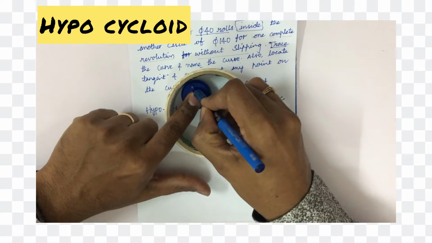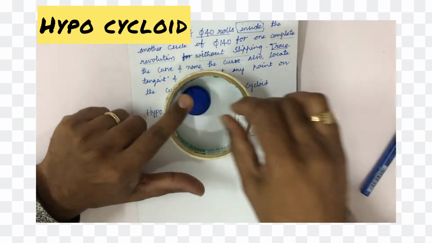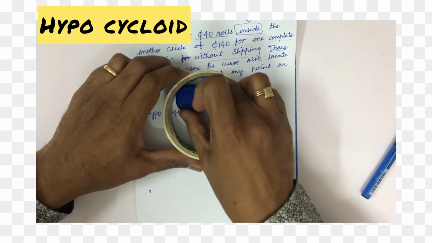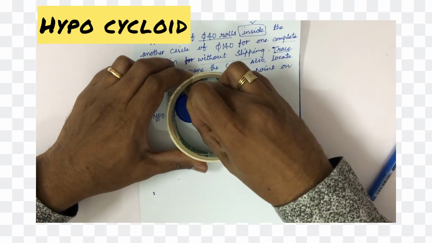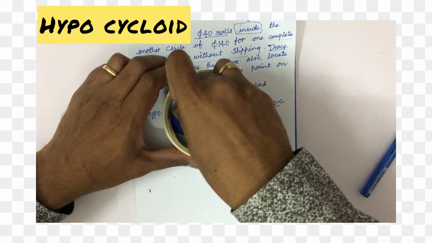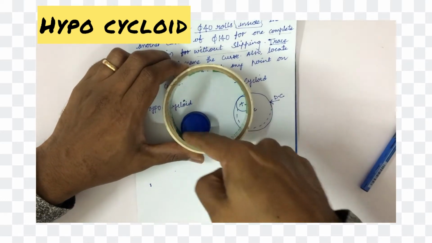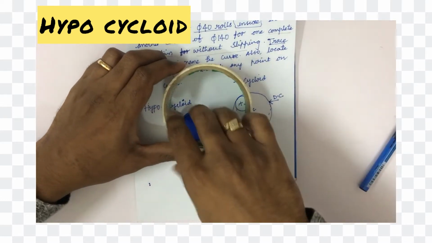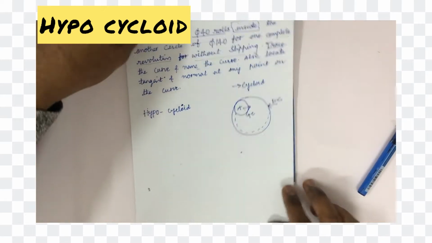Let this be the initial position of the circle, where it needs to complete one revolution touching the circumference inside. The curve which is traced is nothing but the hypocycloid.